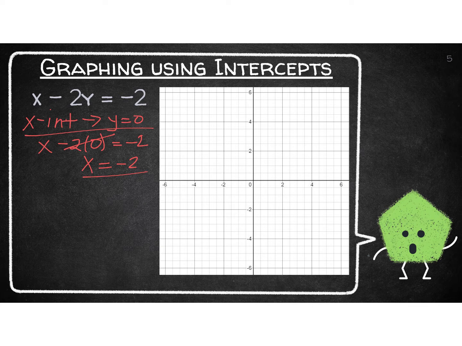So the point negative 2, comma 0 is an intercept. So I'm going to count to negative 2, 0, and I'll put a point right there. Then I can find my y-intercept by putting 0 in for x.